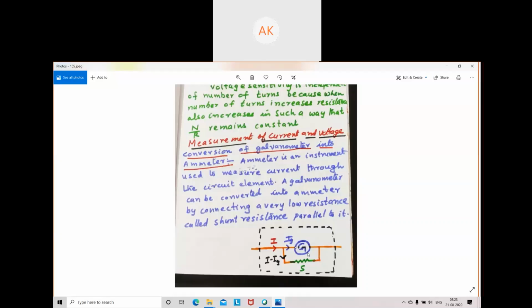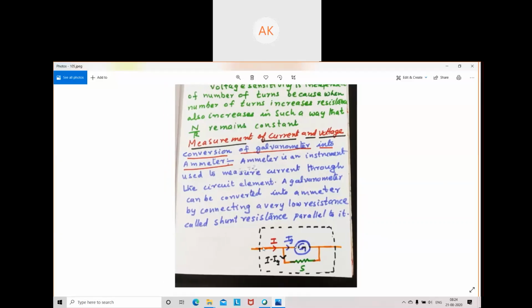For example, suppose this galvanometer we are converting to measure 0 to 3 ampere current. So by calculations you have to find out which resistance is to be connected. That we can find out only with calculations. Suppose it gives a deflection, n scale divisions are there. I'll show you that.